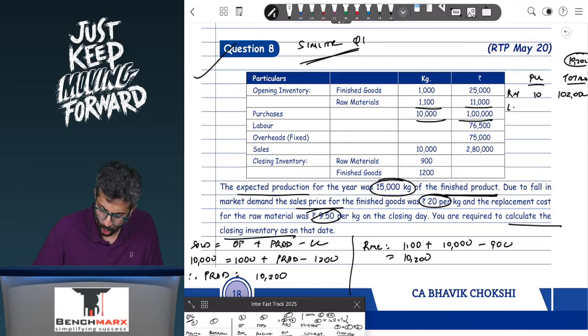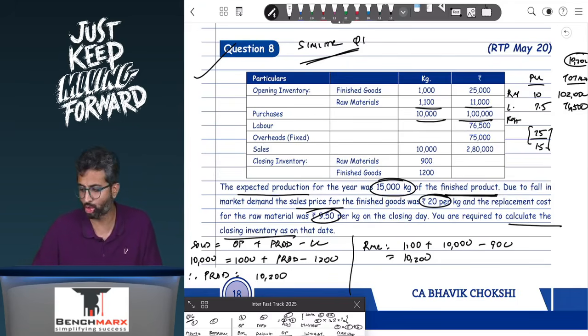Labor over here is 76,500. Remember that is variable. So 76,500 divided by 10,200 comes to 7.5. And fixed overheads, I will say that I am incurring a total of 75 for normal or actual, whichever is higher. So actual is 10,200, normal is 15. So 75 divided by 15 comes to, for example, 5.